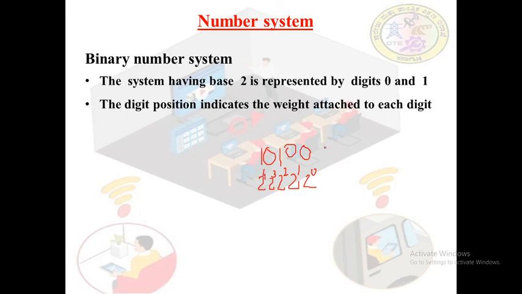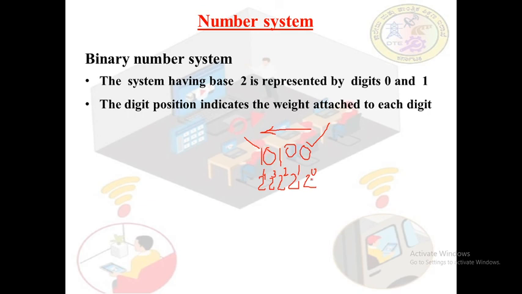This is the weight attached to each digit because of its position. This position is called the least significant bit or LSB, and this position is called the most significant bit or MSB. The value of each digit increases from right to left in this direction.